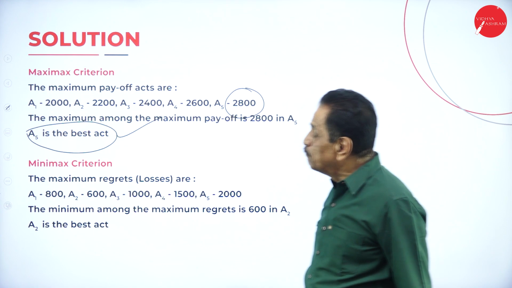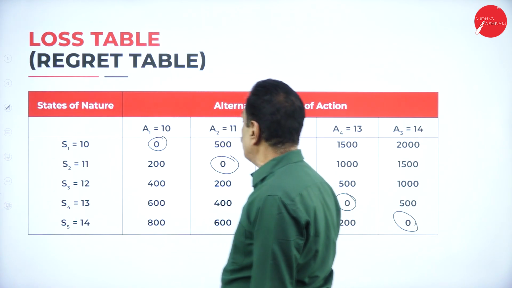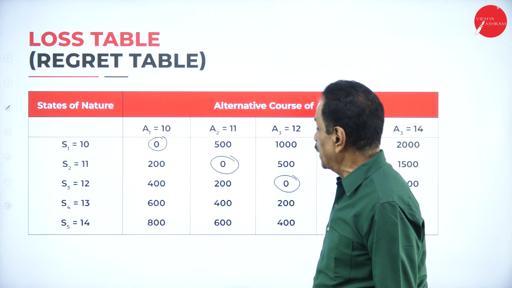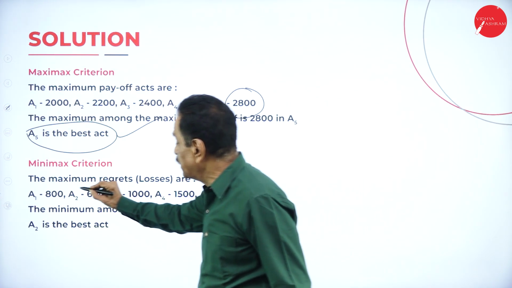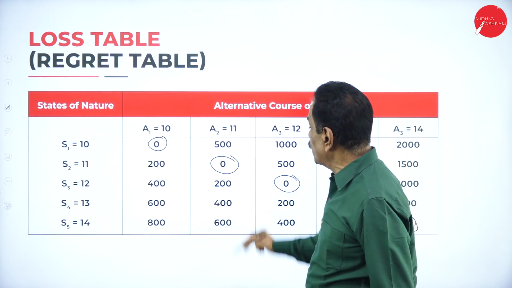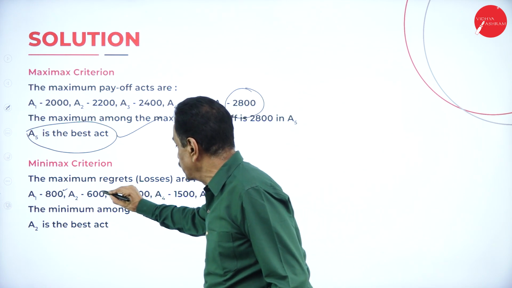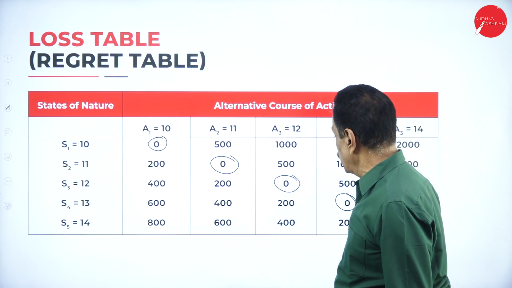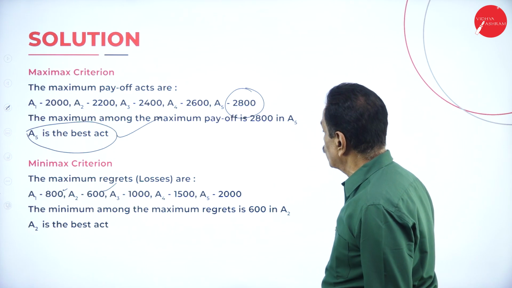Then minimax criteria. Regret table, you understand. Here in the regret table, for A1 the highest one is 800. Next highest one, A2, is 600. Next highest one, A3, is 1000.